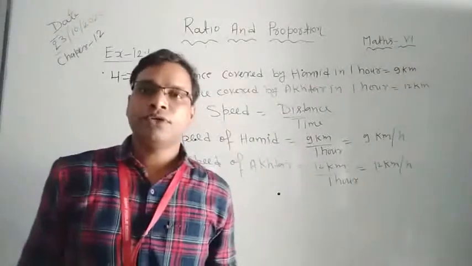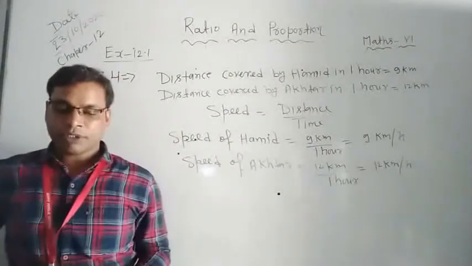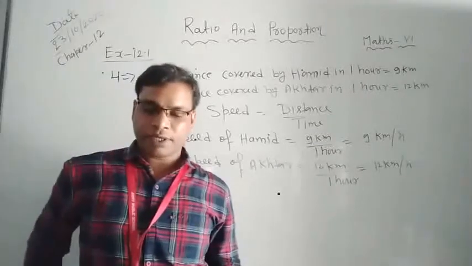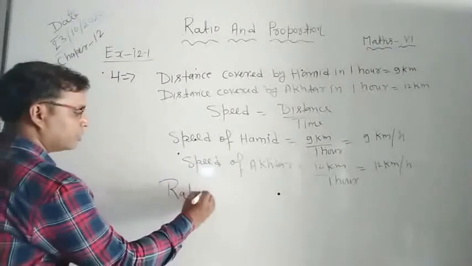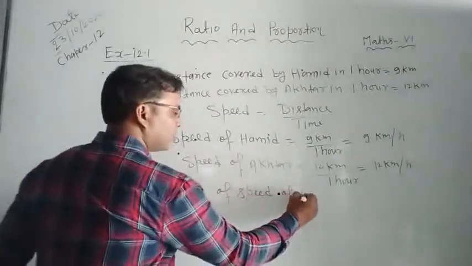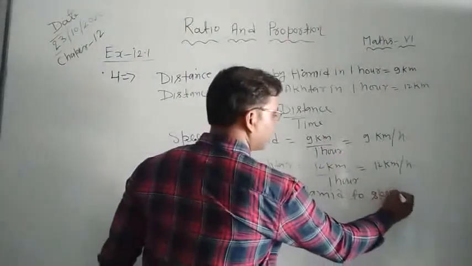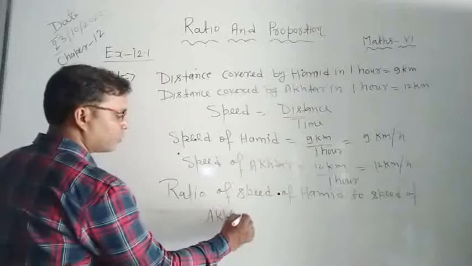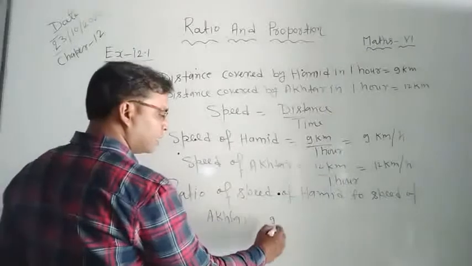Now we need to find their ratio. You find the ratio of speed of Hamid to the speed of Akhtar. So the ratio of speed of Hamid to speed of Akhtar is equal to 9, speed of Hamid is 9 and speed of Akhtar is 12.